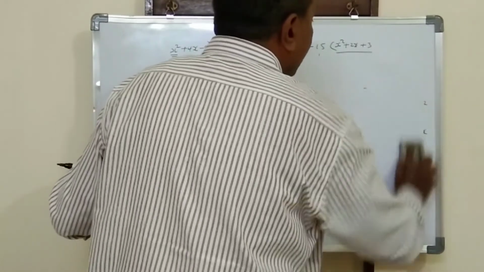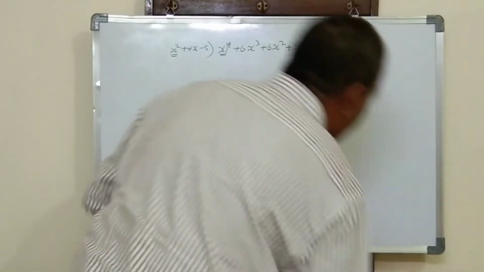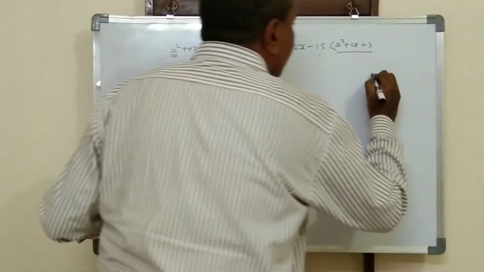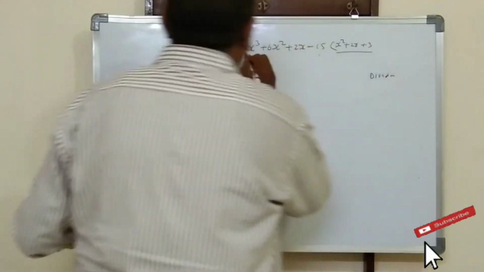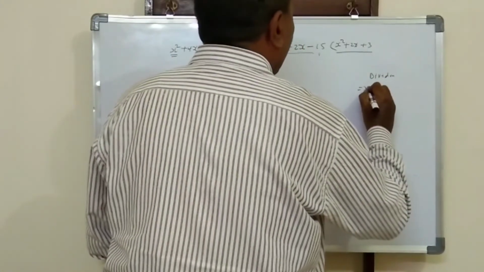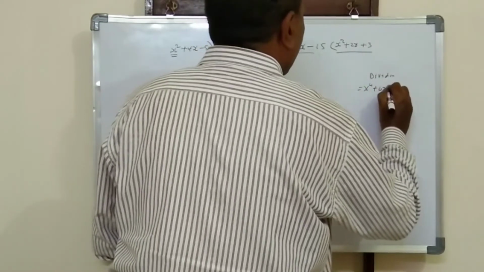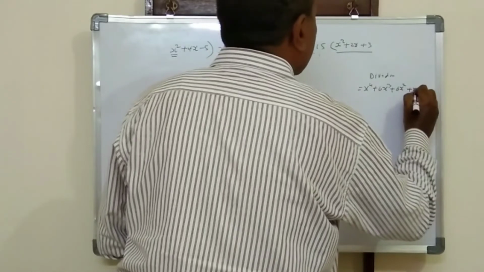For verification, first of all, this is the dividend, x power 4 plus 6x cube plus 6x square plus 2x minus 50.